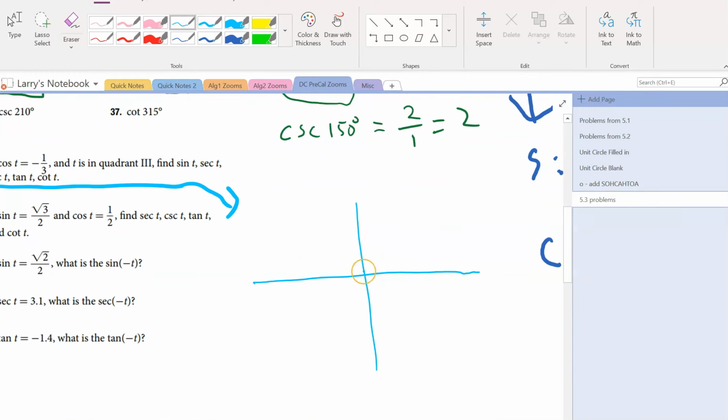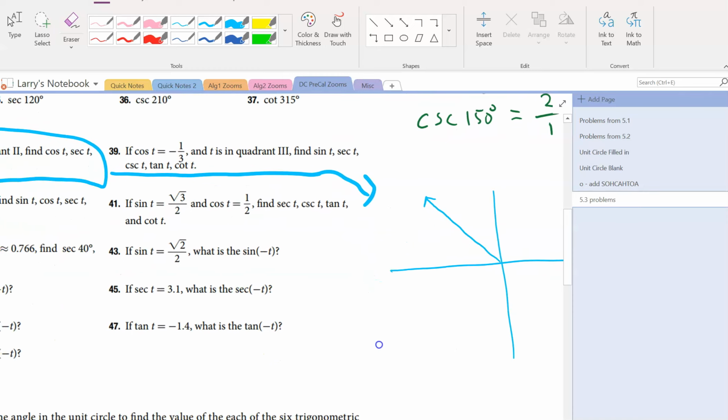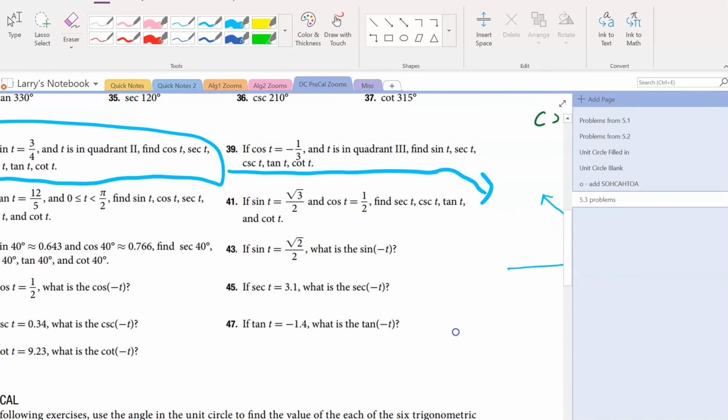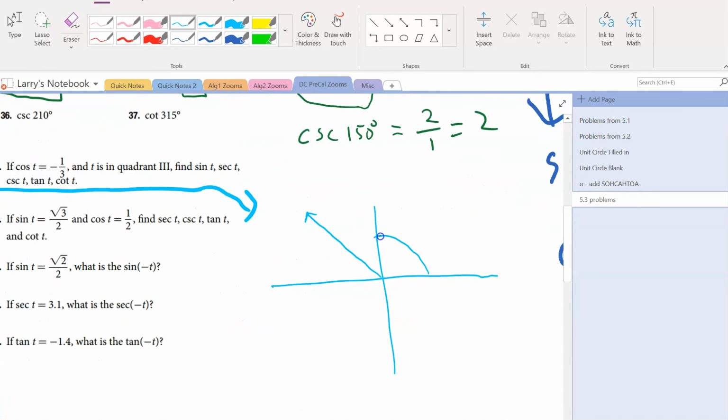First quadrant, second quadrant. So we know this is the angle here that we're dealing with, but the reference angle is this one right here. So we'll call this our angle t. We'll draw ourselves a right triangle.